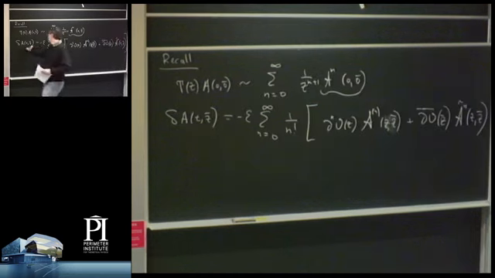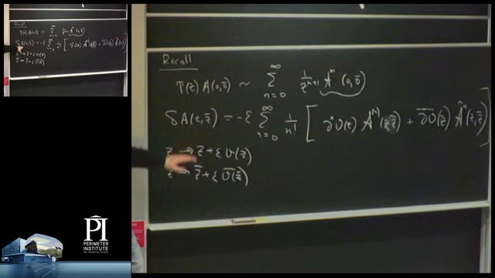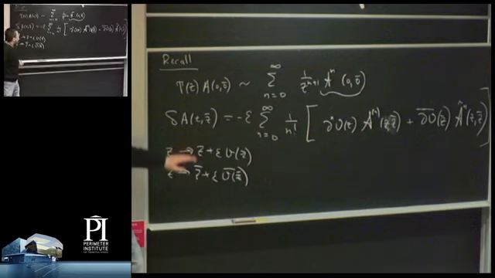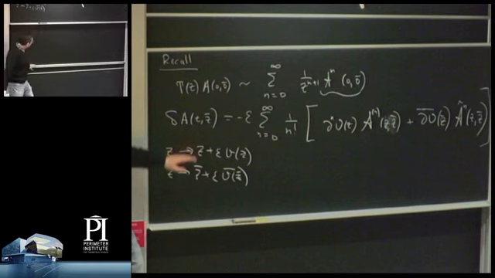Okay, and so that's the transformation when we make z go to z plus epsilon v of z, and z bar go to z bar plus epsilon v bar of z bar. So this is what we showed before: the singular parts in the OPE with the stress energy tensor are fixed if we know how our operator transforms under conformal transformations.